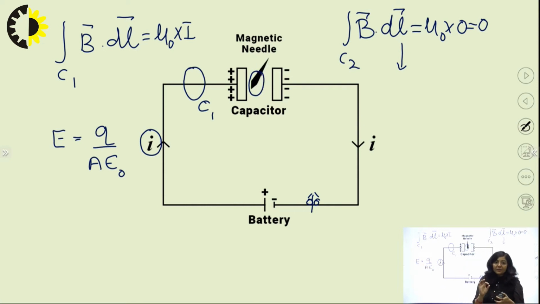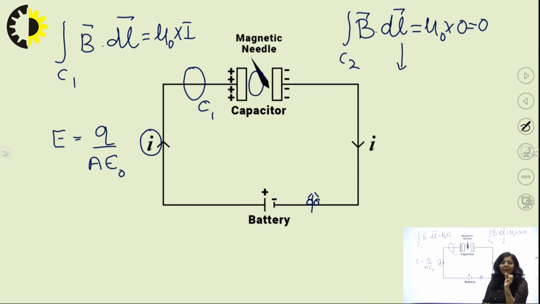So the variable factor here is the time varying electric field. You have an electric field here which is actually changing with time. So during the process of charging, you have a time varying electric field. And again, during the process of discharging, you have a time varying electric field.